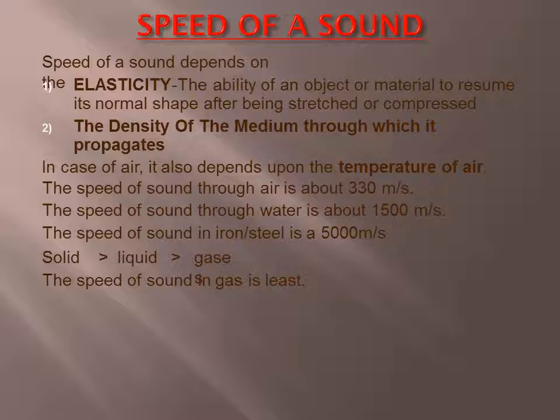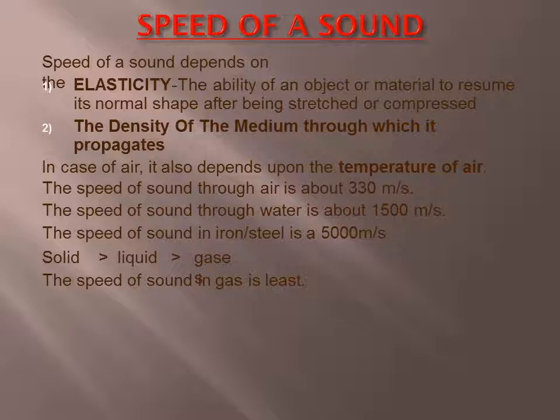The ability of an object or material to resume its normal shape after being stretched or compressed is called its elasticity. That means the vibrating body, for example a guitar string. If we just touch it, it will vibrate, but when it comes back to its normal position, that is called its elasticity. The speed also depends on the density of the medium through which it propagates, that means through which it passes.